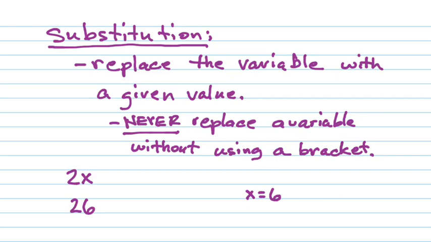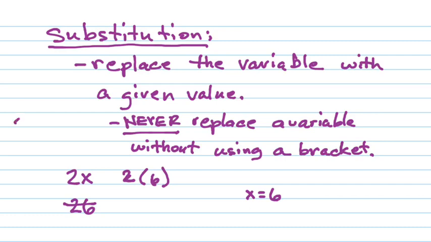So in order to keep the operation true, what we have to do is use a bracket. So what I'd do is I would write down the 2, and then in place of the x, put the 6. And remember when we talked about our algebra conventions, we talked about a number in front of a bracket. That always means what operation? Times or multiply, right? When you have it, if the number is right next to something.